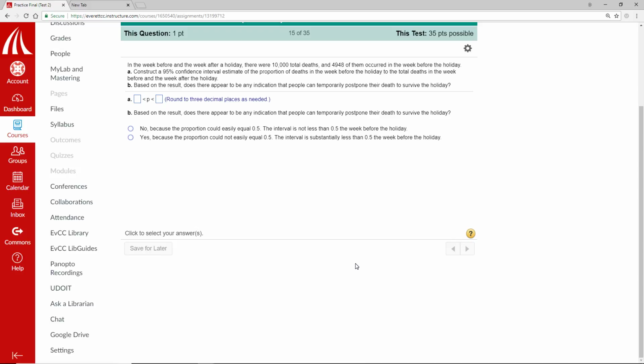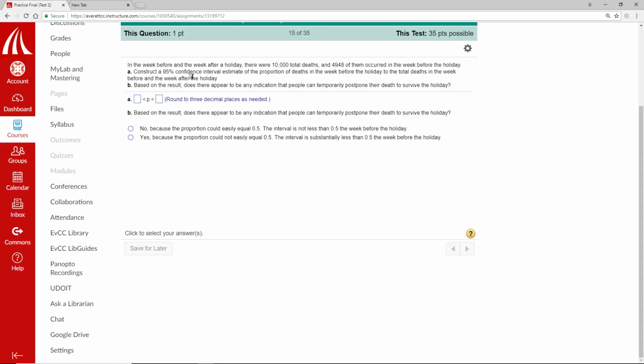And let's do this one. All right, we're going to wrap it up after this one. Here we go. In the week before and the week after a holiday, there were 10,000 total deaths, and 4,948 of them occurred in the week before the holiday.